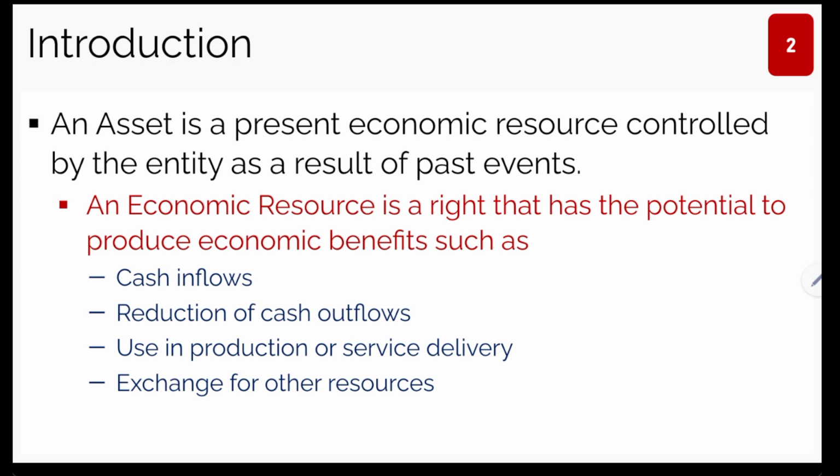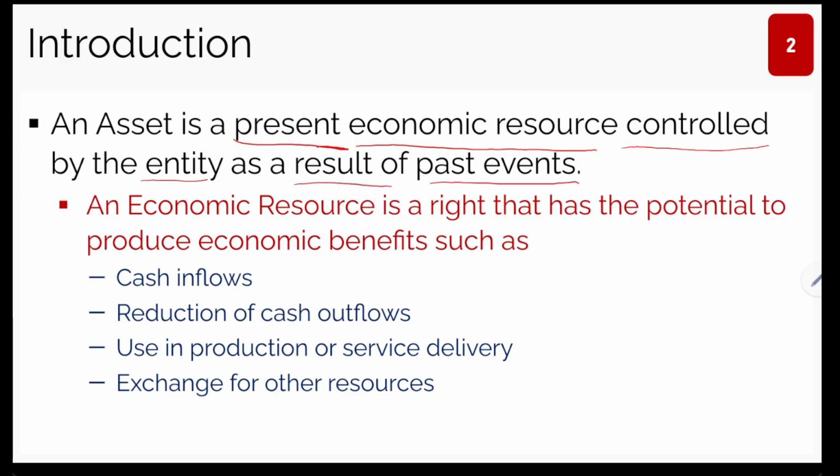All right. So an asset, as we discussed in our previous class under the conceptual framework, we said an asset is a present economic resource controlled by the entity as a result of past events. All right.